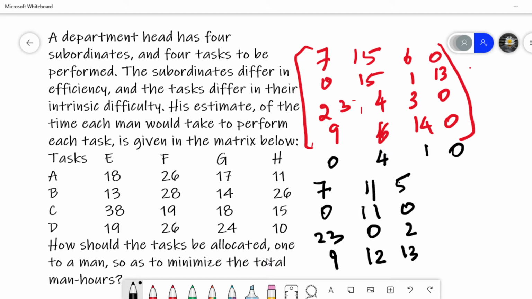The next smallest value is 0, so we subtract 0 from each cell value and it remains the same. This is the current matrix after the column reduction.